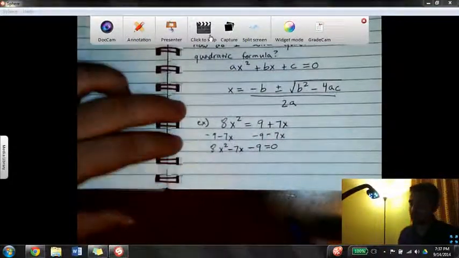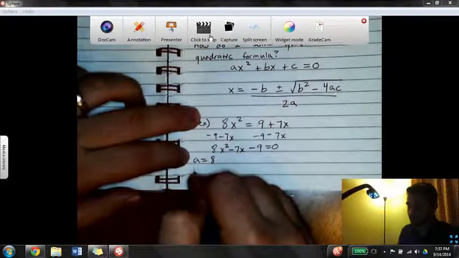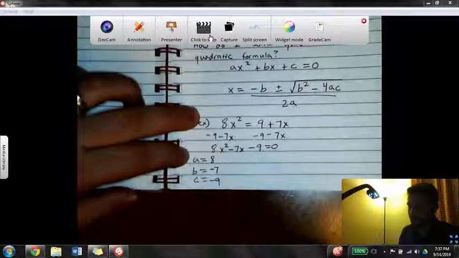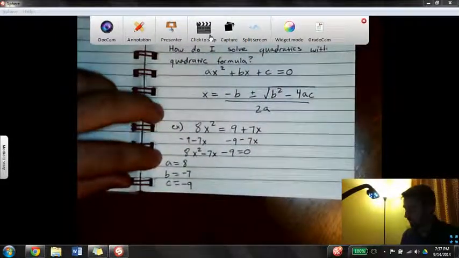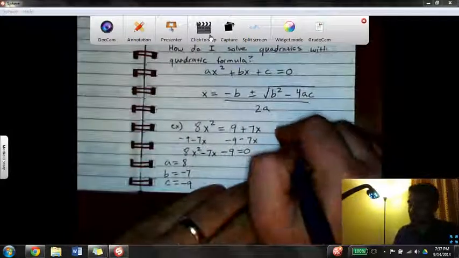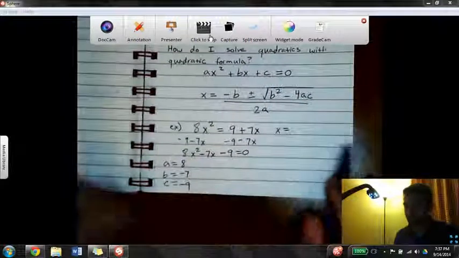Once you have this, you can determine that your a is equal to 8, your b is negative 7, and your c is a negative 9. And from here, we can take these values and plug them into our quadratic formula to find our two solutions.